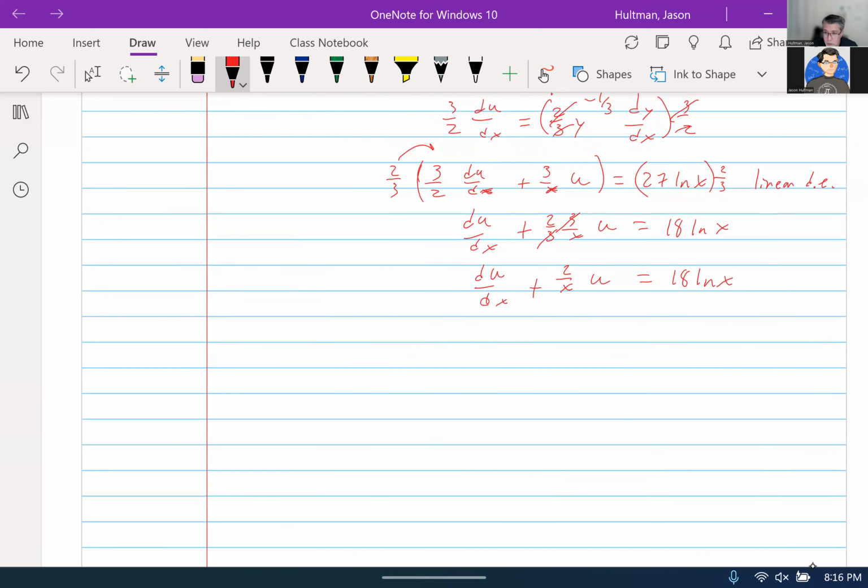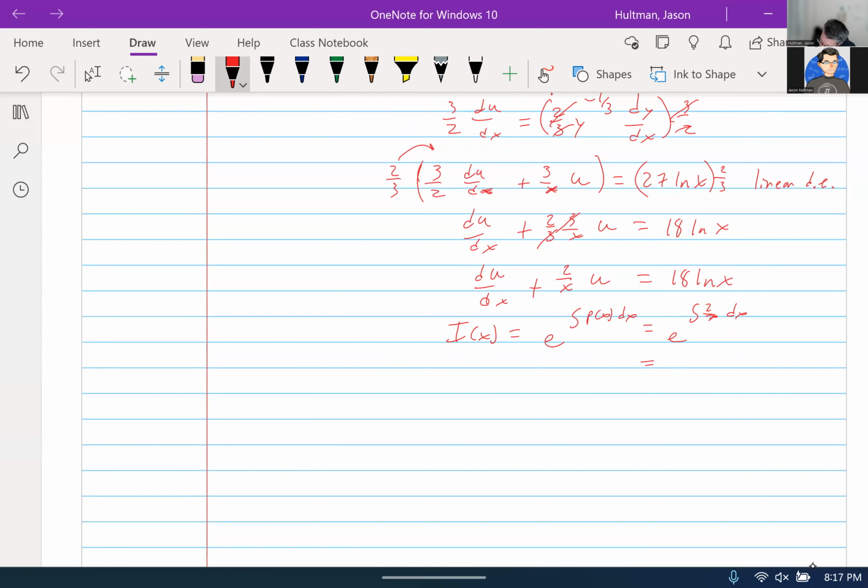So let's solve the linear differential equation just the way that we know how to do that. So take my I of x, find my integration factor here, e to the integral of p of x dx, which is e to the integral of 2/x dx.